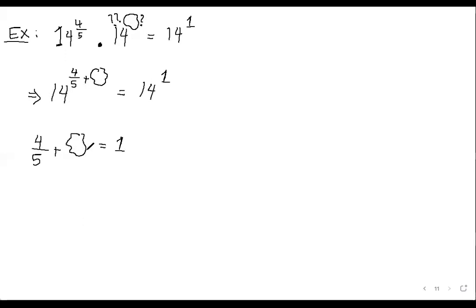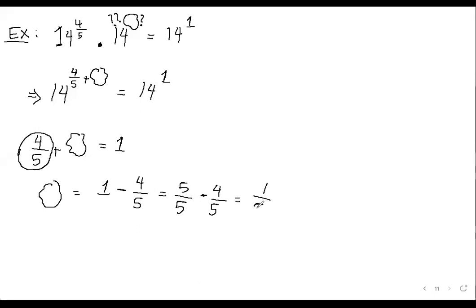Okay, so this thing equals, we subtract this fraction from both sides. So this equals 1 minus 4 over 5. And I know 1 is equal in general to 5 over 5 minus 4 over 5. And this is equal to 1 over 5.